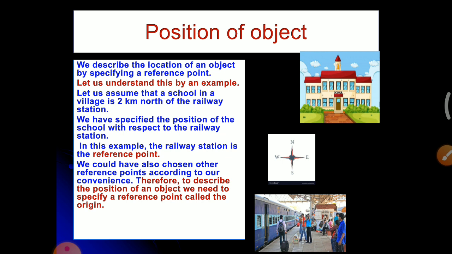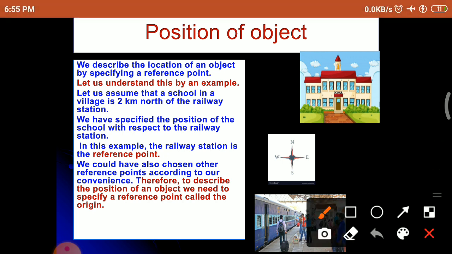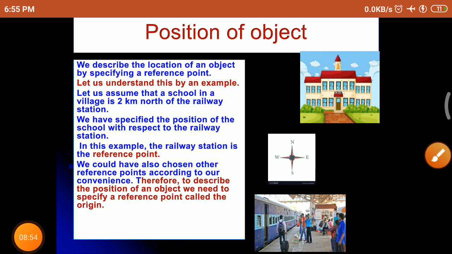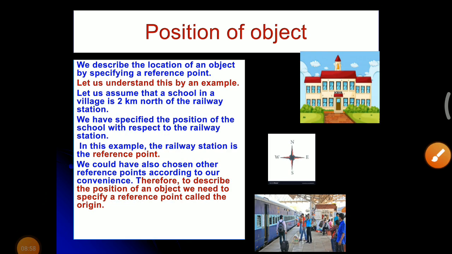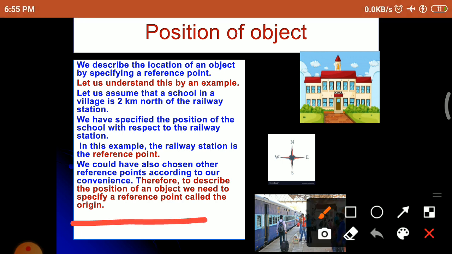So in this example, the railway station is a reference point. To describe the position of an object, we need to specify a reference point called the origin.